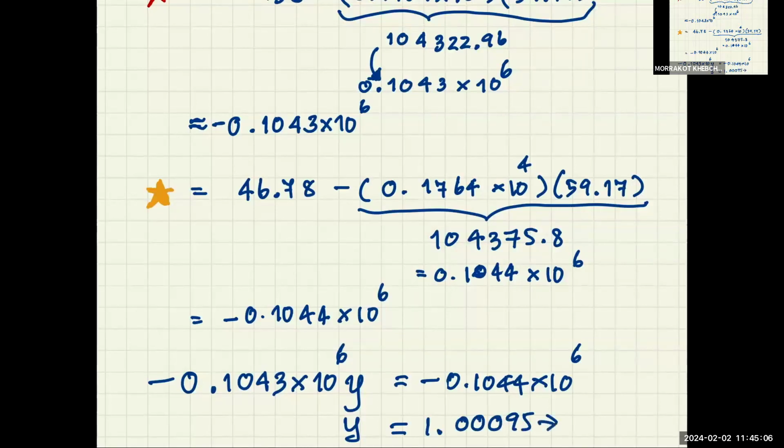But if we round to 4 digits, we have 1.001. Okay, 1.001. This is y.